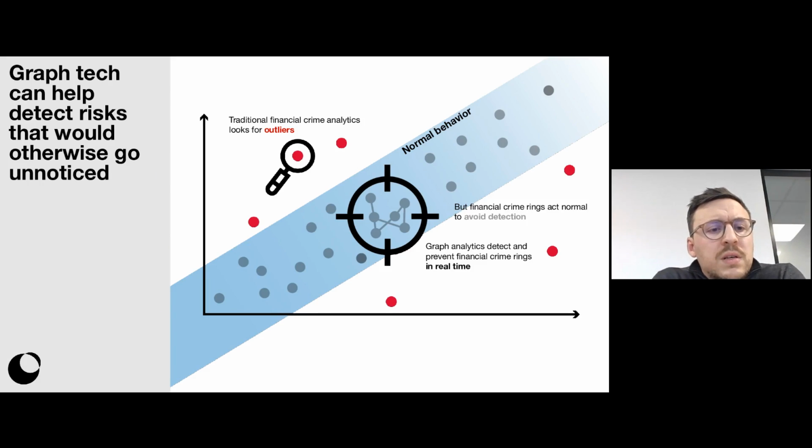So graph technology can help detect risks that would otherwise go unnoticed. As another example, usually TMS focus on isolated threats, or what we would call outliers. For example, a transaction that would go above a certain threshold.